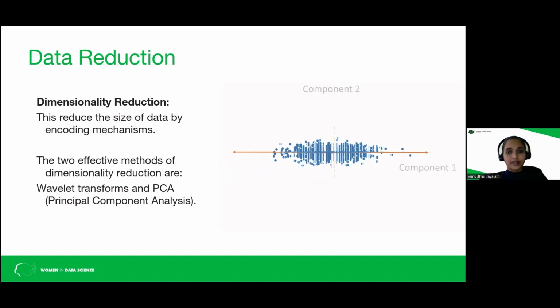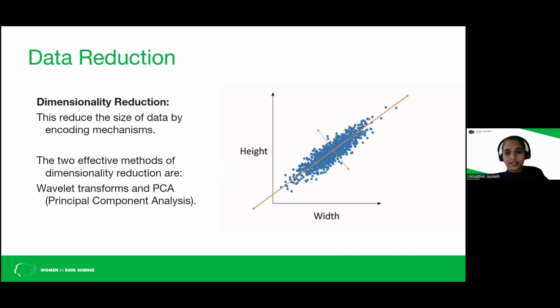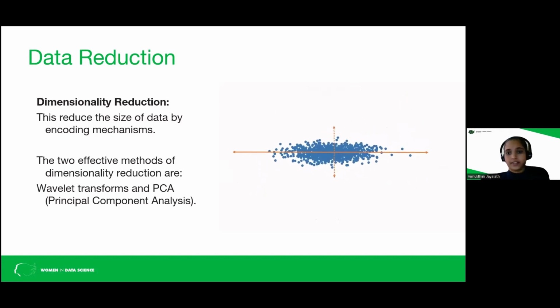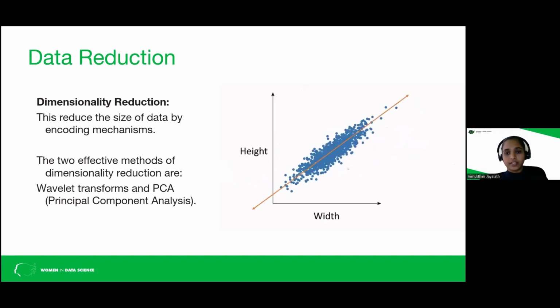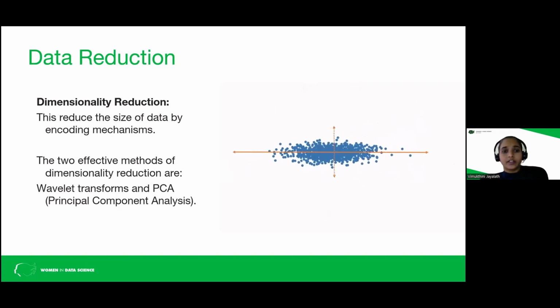So when it comes to reducing the dimension, as you can see in this small video that's playing on my right side, it's a 2D data set, right? It's a 2D data set where we can fit a regression line. And when we convert the line, we can get it to be 1D data. So that's about reducing the dimension.